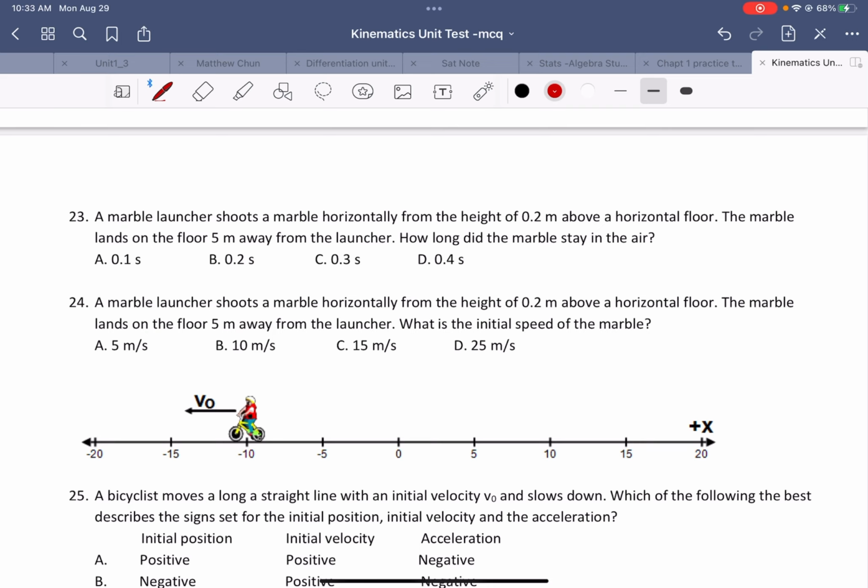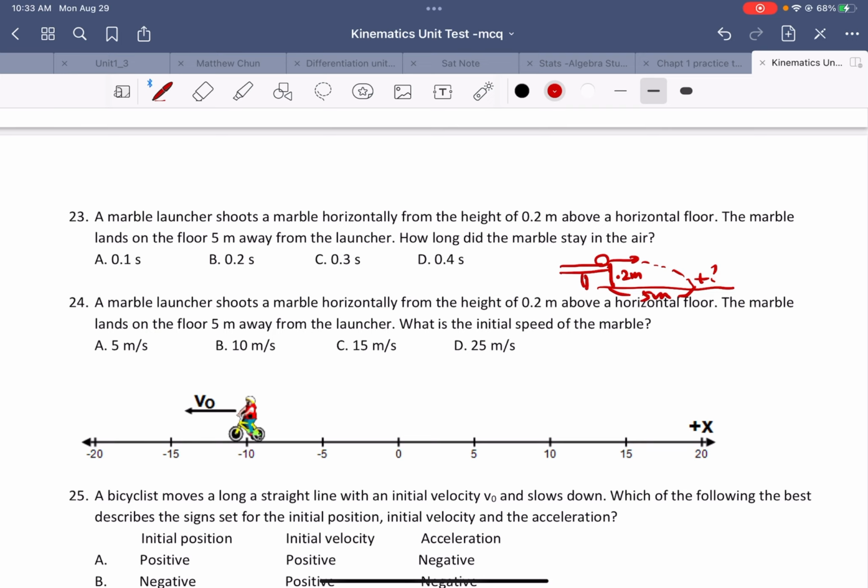So what happens is, there's a table, and the marble is shot this way and then it hits the ground. This height is 0.2 meter above the horizontal floor, and this distance is 5 meters away. It'll hit the ground. So what's the time? When it hits the ground, what is the time? That's the question.